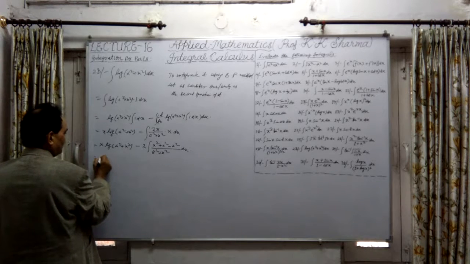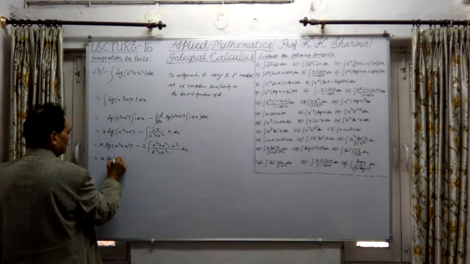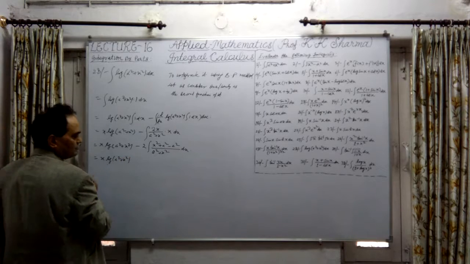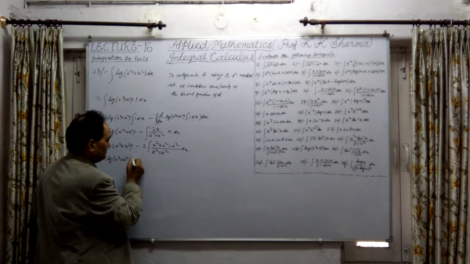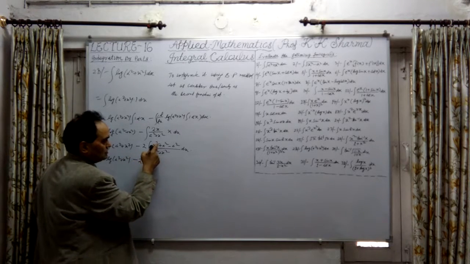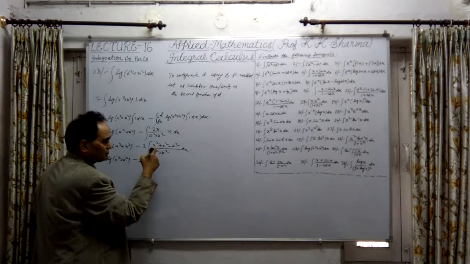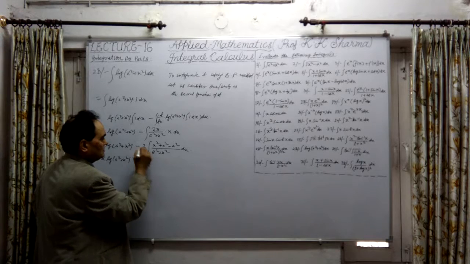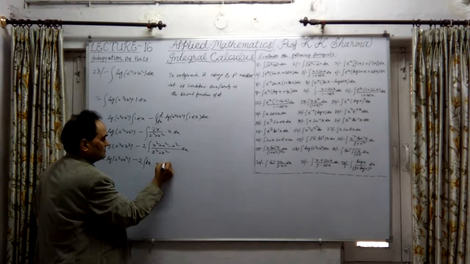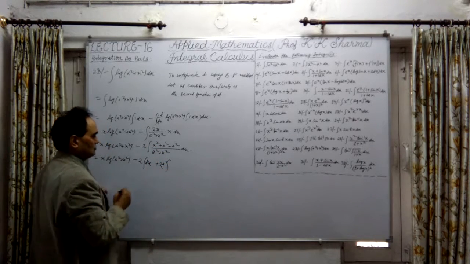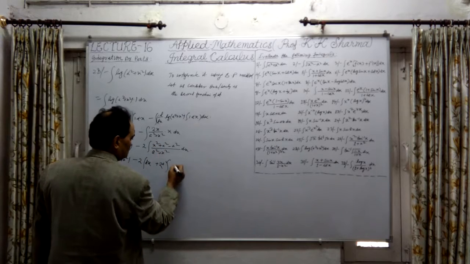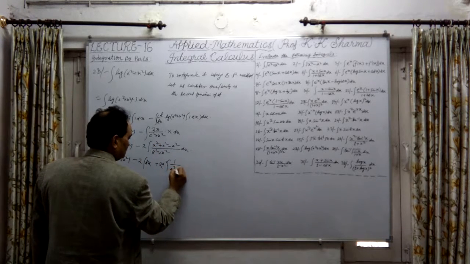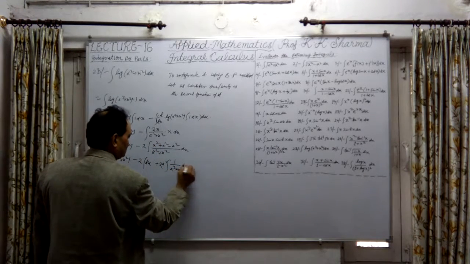It will be x into log of a square plus x square minus sign, this is twice into x square plus a square or a square plus x square upon this same value. It will be only 1 into dx, and this minus minus plus twice a square into 1 upon a square plus x square into dx.